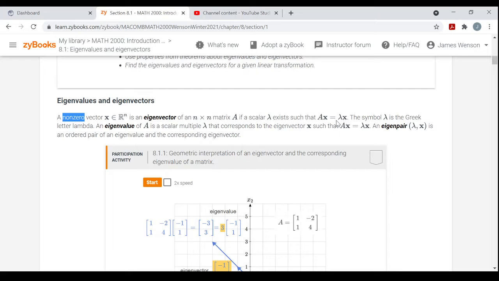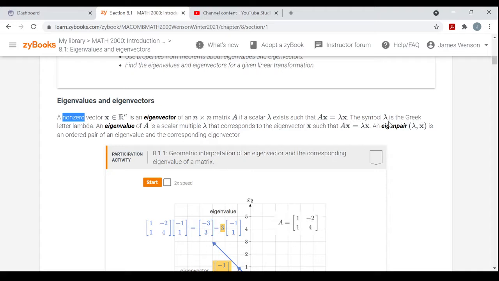In other words, multiplying the matrix by this vector gives me the same result as multiplying the vector by a scalar. The matrix times the vector gives me another vector that's running in either the same direction or the opposite direction, depending on whether lambda is positive or negative.